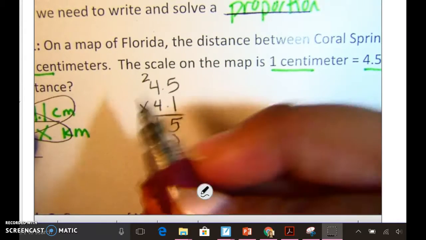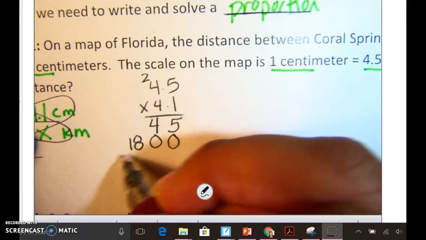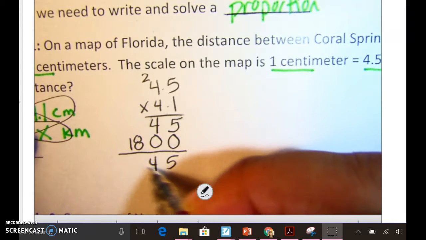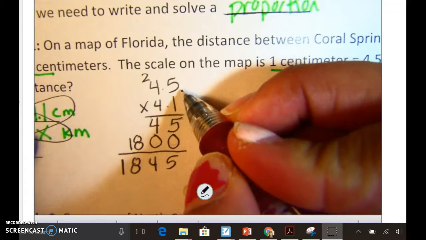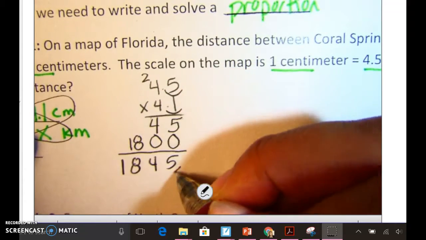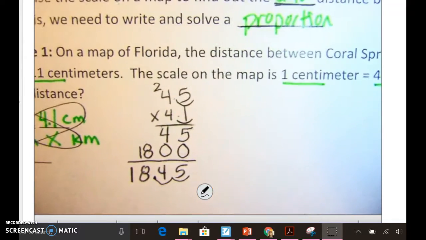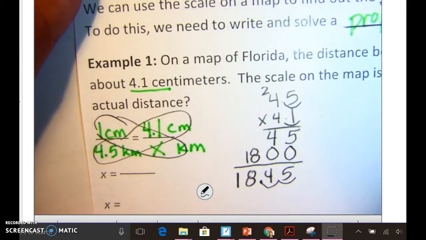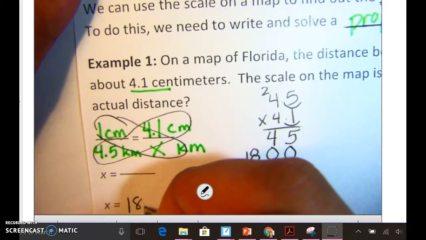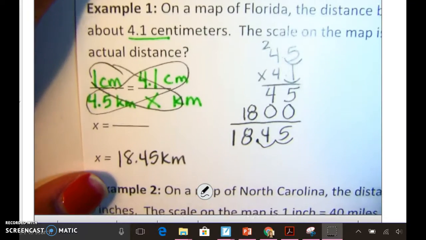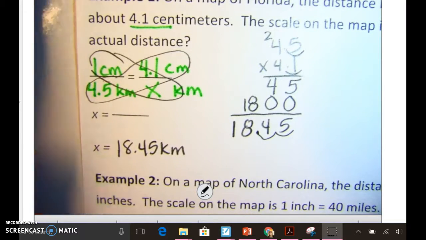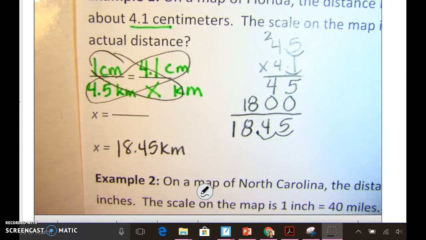It's 16 plus 2 is 18. And then how many decimal places? 1, 2. So that equals 18.45 kilometers in real life distance.